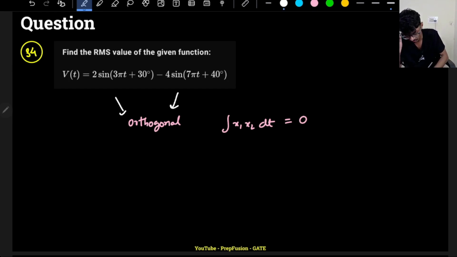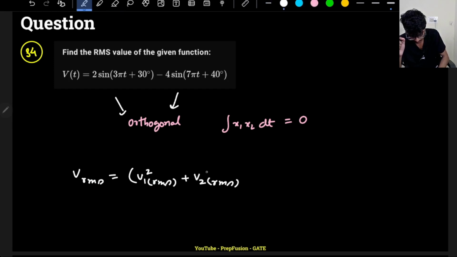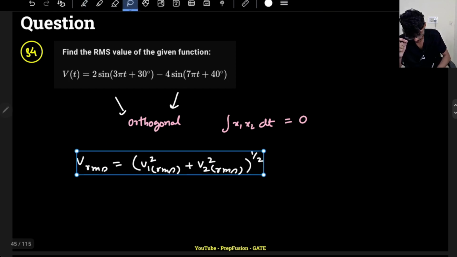My V RMS I can write as V1 RMS whole square plus V2 RMS whole square, whole under root. Okay, so that is the case over here.